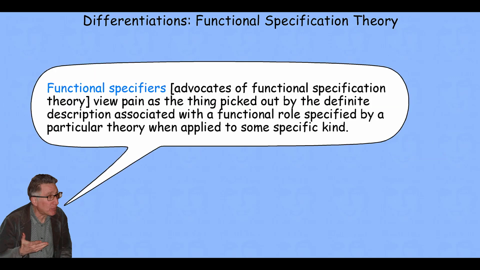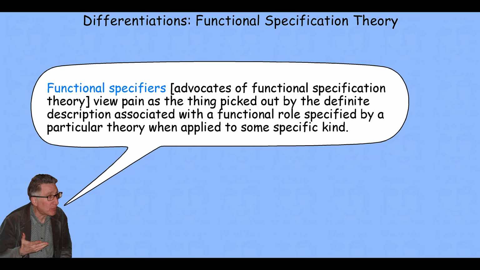Now, in contrast to the functional state identifiers who associate what it is to be in pain with having those causal dispositions, those relationships between inputs, internal states, and outputs, functional specifiers, or advocates of functional specification theory, are going to view mental states, or the terms that pick out mental states, as specific types that are picked out by those definite descriptions associated with the functional role played by a particular mental term in a particular psychological theory.